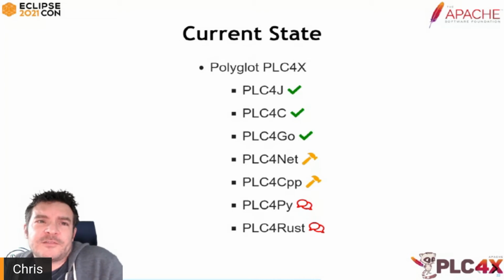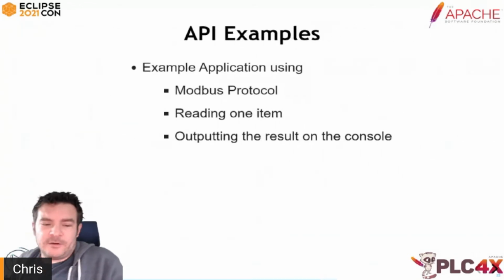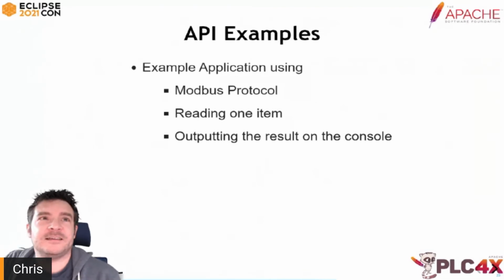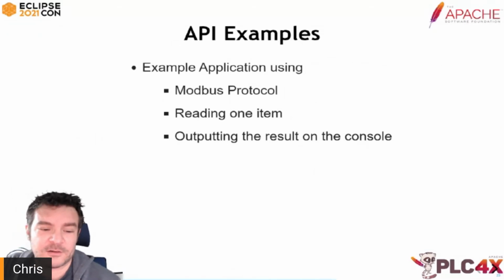The community is also getting started on PLC4Py for Python, but that's still going to take some time. So, as I promised, I'm going to show you how PLC4X feels in different languages.